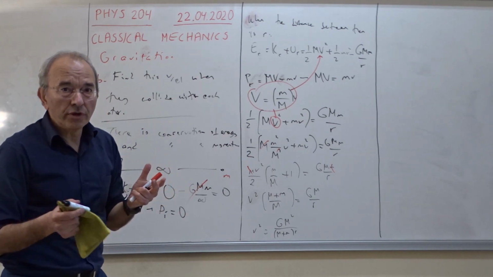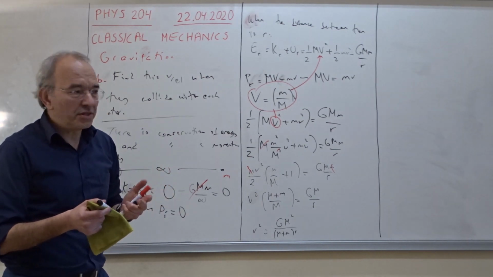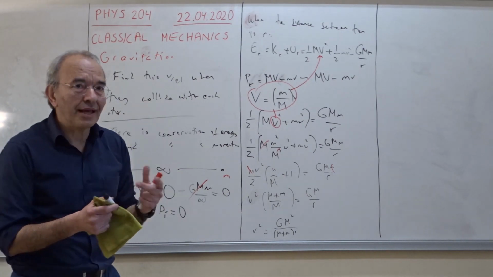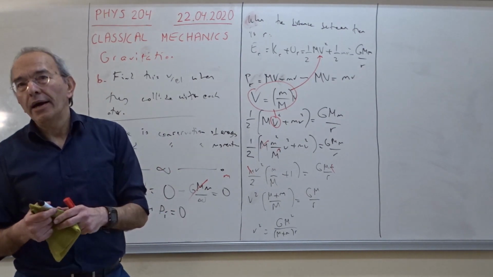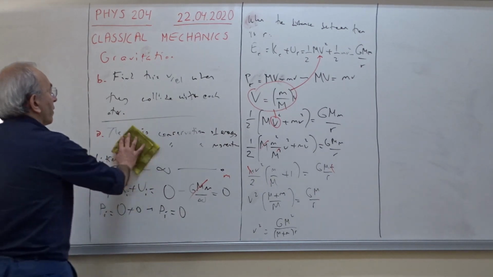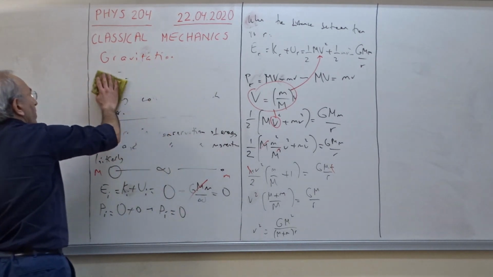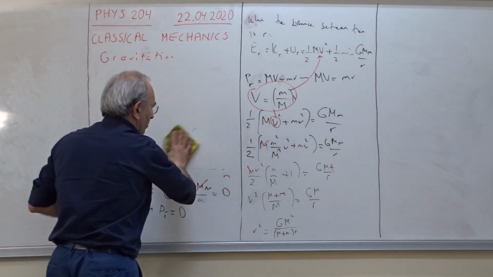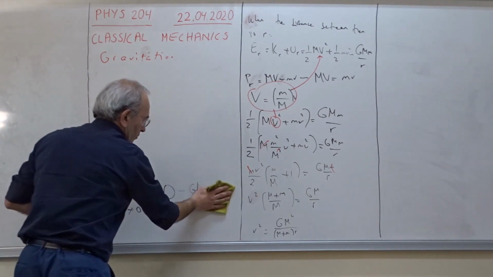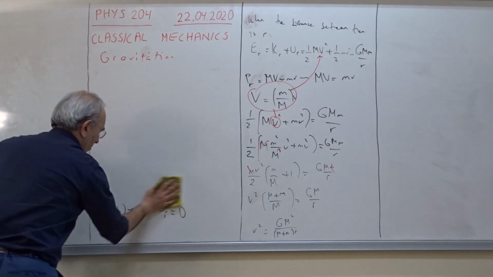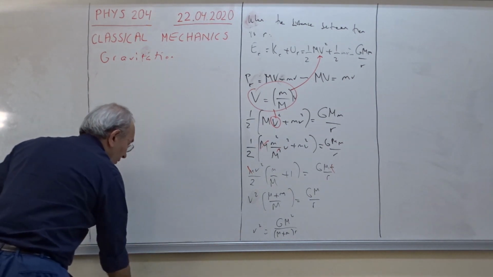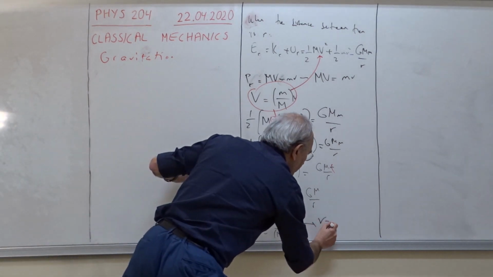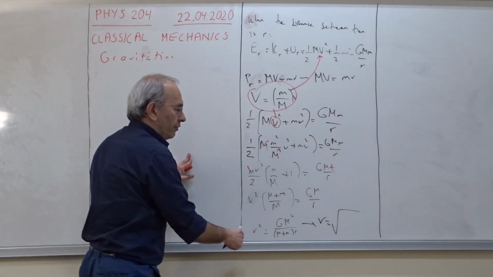Since we have no relativistic speeds, these velocities are much less than the speed of light, so we can simply add them without any extra formula. So V is the root of the right hand side.